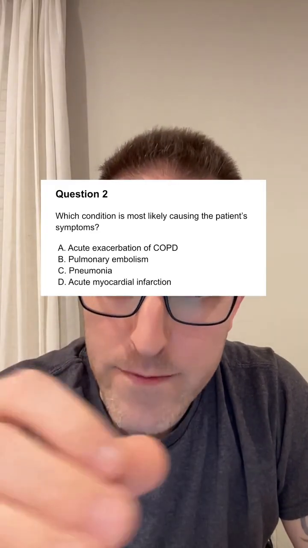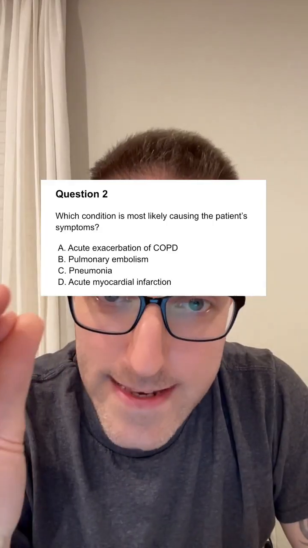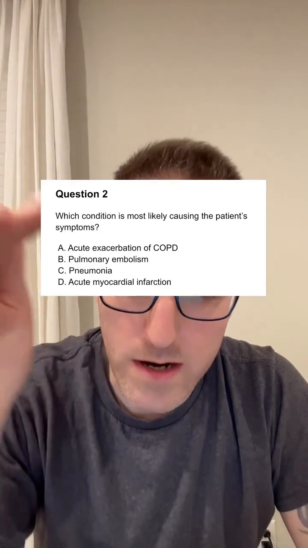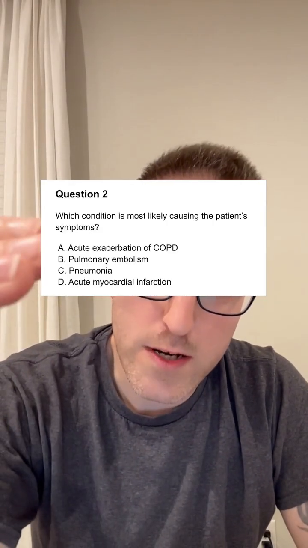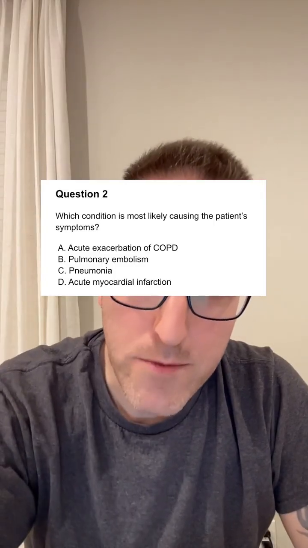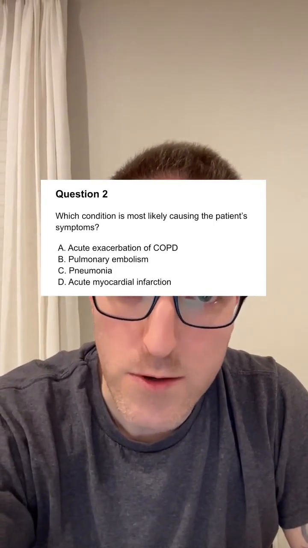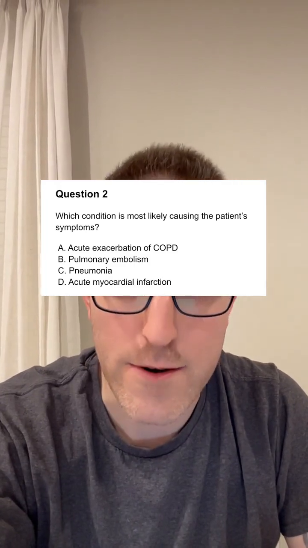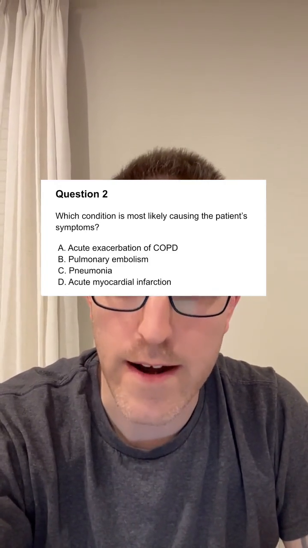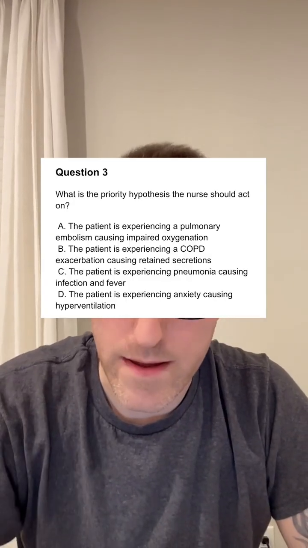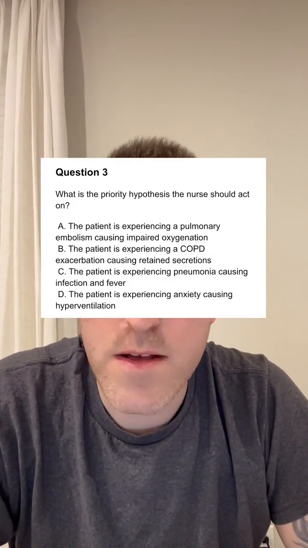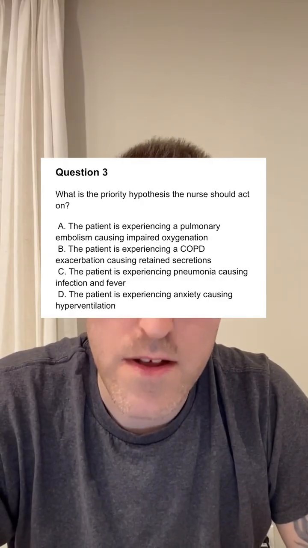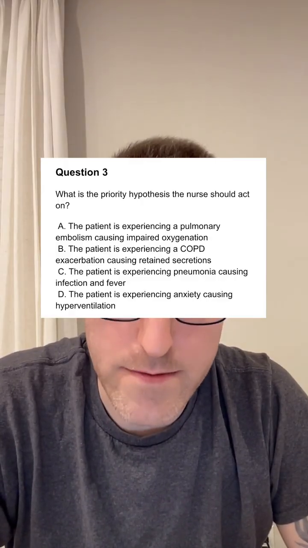If you're just tuning in, we are doing case study questions. We're talking about a patient who now, question 2, we've determined they have a PE. There are 6 questions in these case studies, and they build on to each other. So question 3: What is the priority hypothesis the nurse should act on?